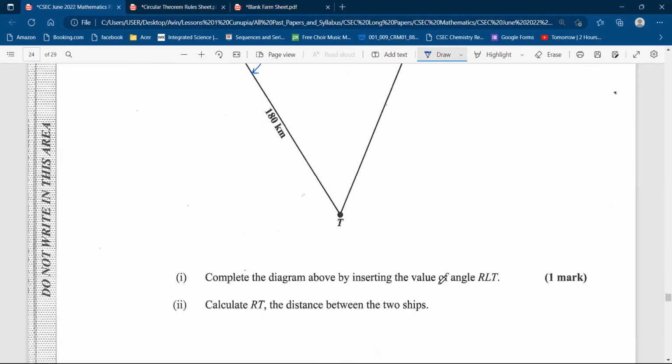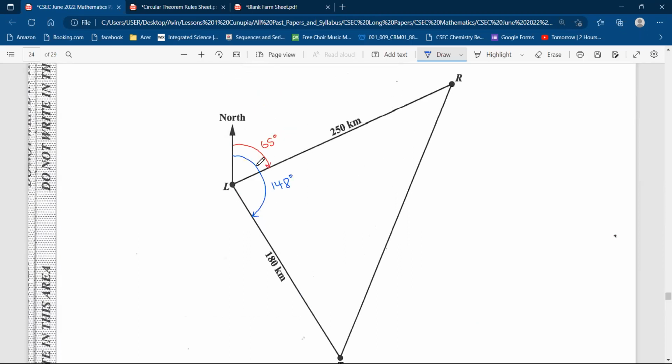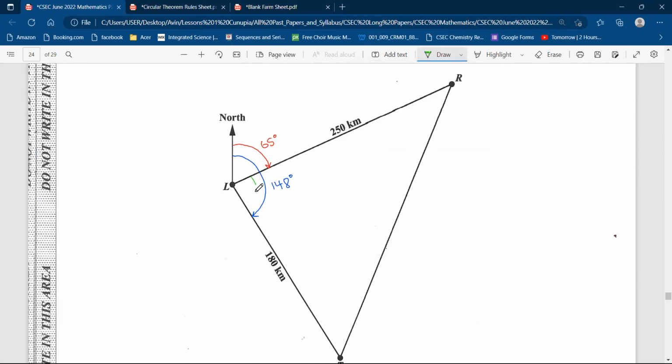But they want us to find the angle RLT. RLT is the middle angle: R, L, and this is the letter T. I know you can't see it down here, but it's written down here, T. So they want this middle angle, this green angle.